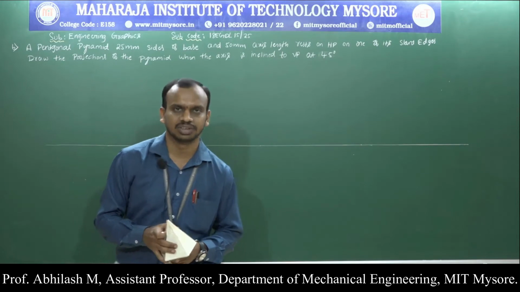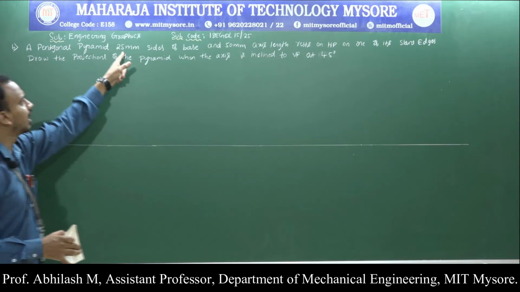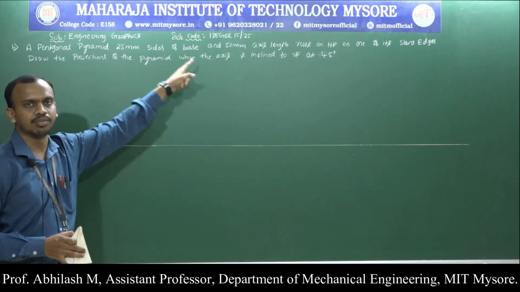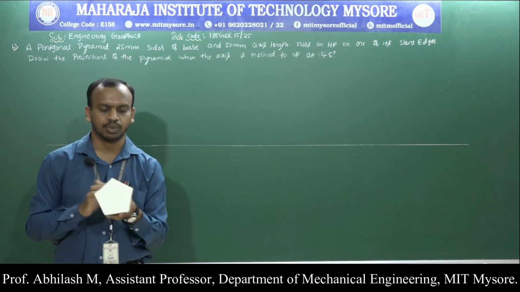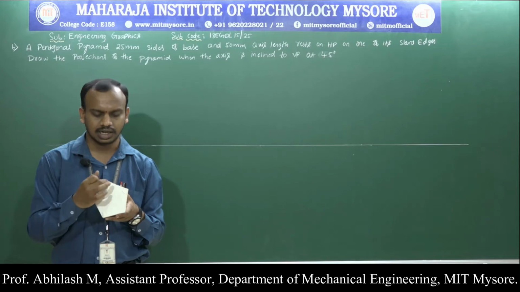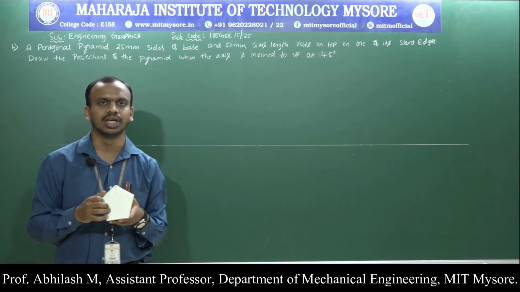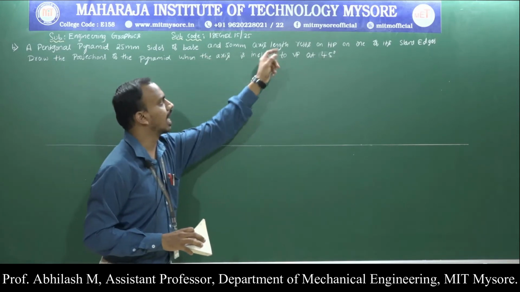Let us see the problem statement. It states that a pentagonal pyramid, 25 millimeter sides of base. Each side of the base is of 25 millimeter. A pentagon will have 5 sides, and each side of the base is 25 millimeter, and 50 millimeter axis length.